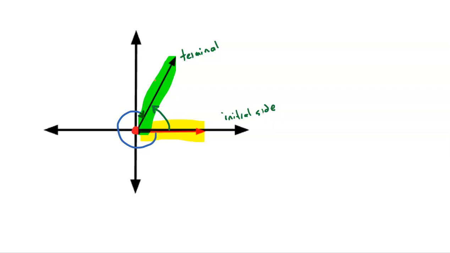All right, the other cool thing about this setup is that angles are allowed to go around as many times as we want. We're not trapped into one revolution of a circle. So we could actually start here. All angles start on the positive x-axis, and we could go all the way around one full revolution, and then a little bit more to end at that same terminal side.